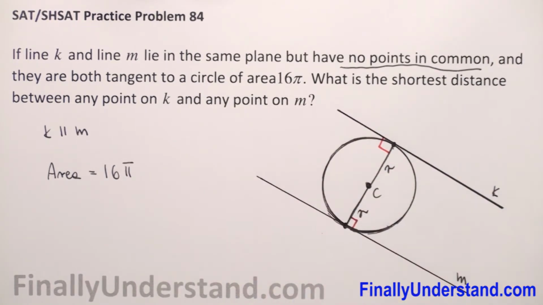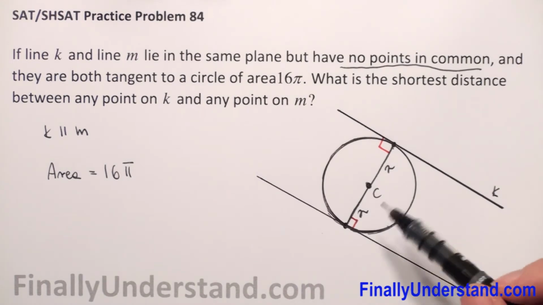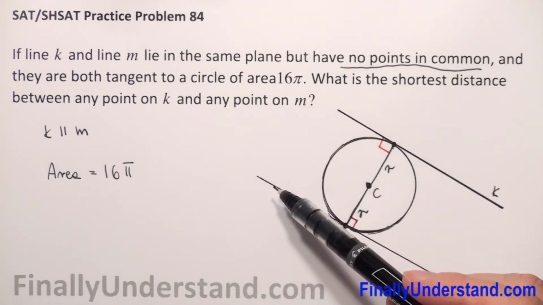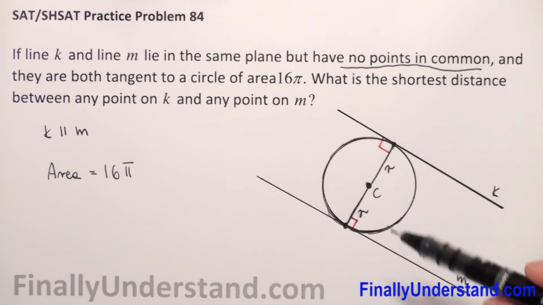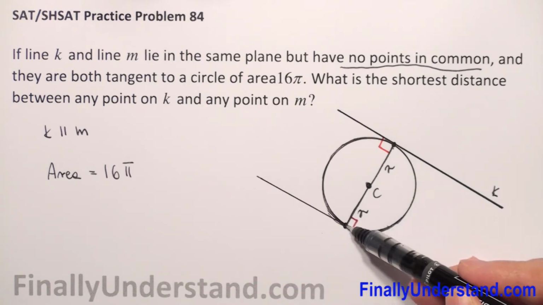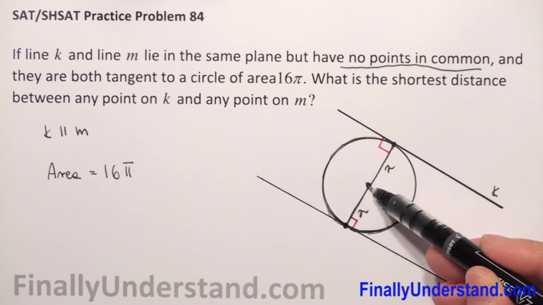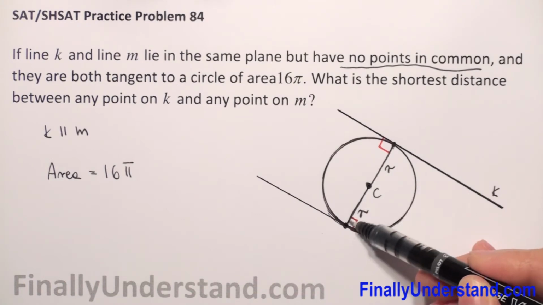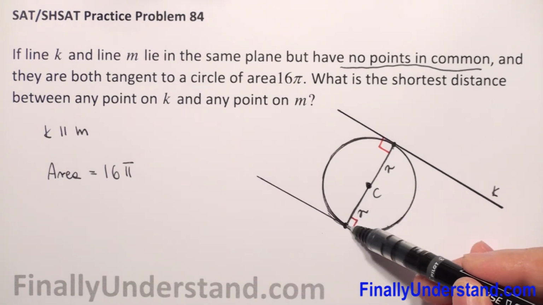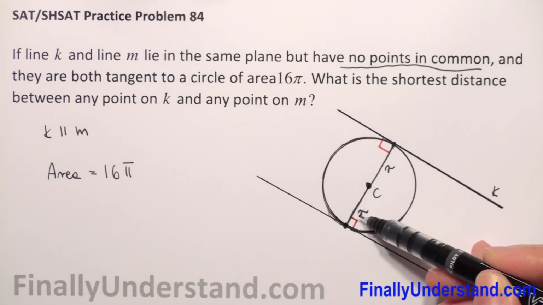Why? Because when the line touches our circle in one point, and we draw the radius from this point, the radius is the segment from the point on the circle to the center of the circle. The distance between this center and this point is always r.